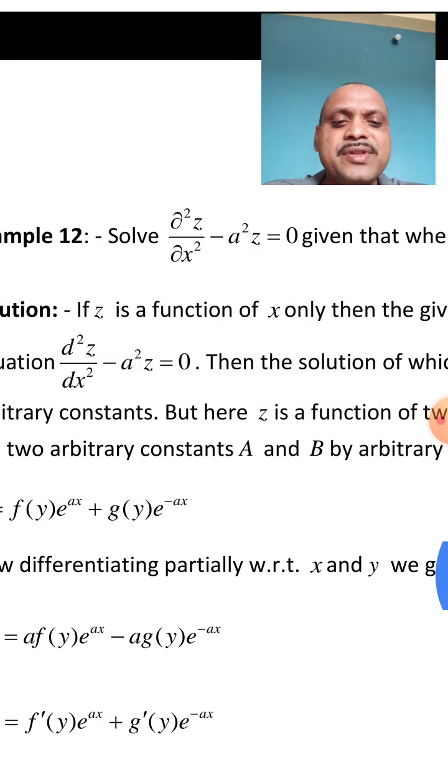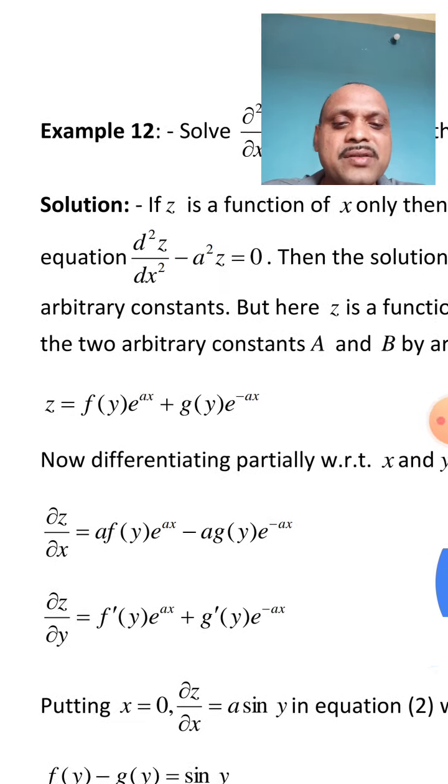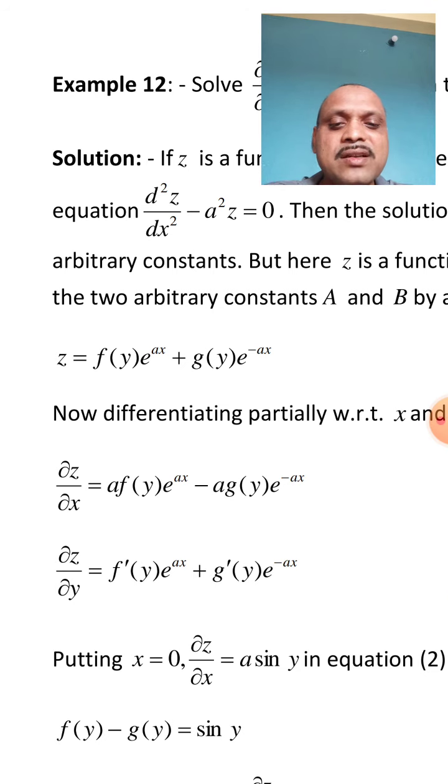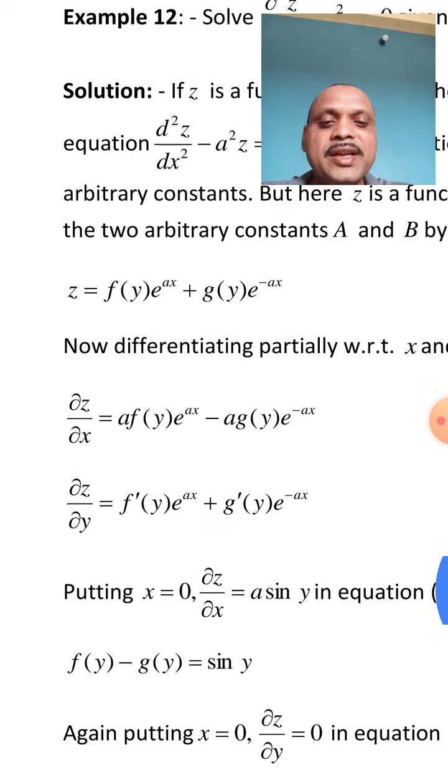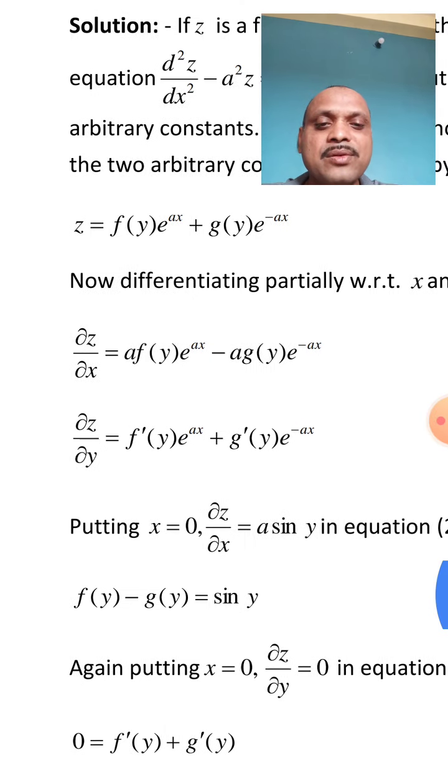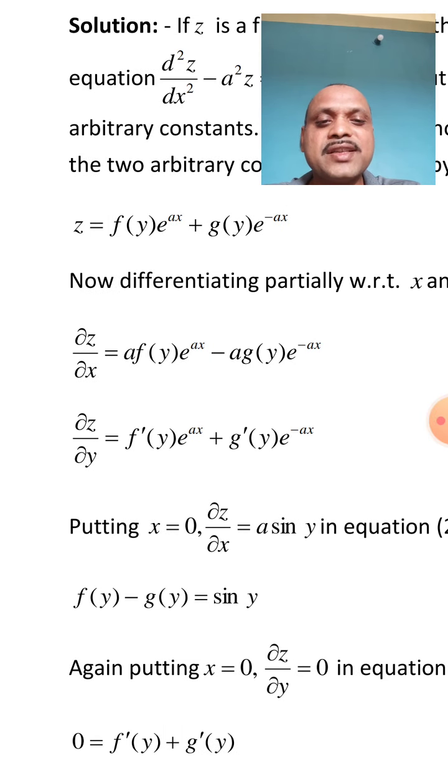Differentiating this partially with respect to x and y, we get this value: ∂z/∂x equal to a into f of y into e raised to ax. Derivative of e raised to ax is a into e raised to ax. G of y constant, e raised to minus ax into minus a. ∂z/∂y, this value, e raised to ax and e raised to minus ax are constant in this.